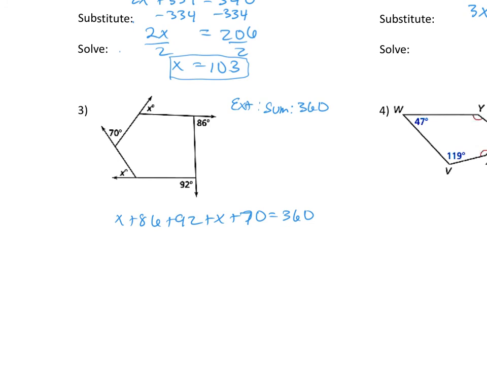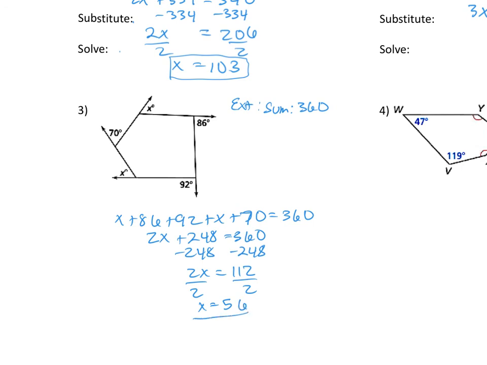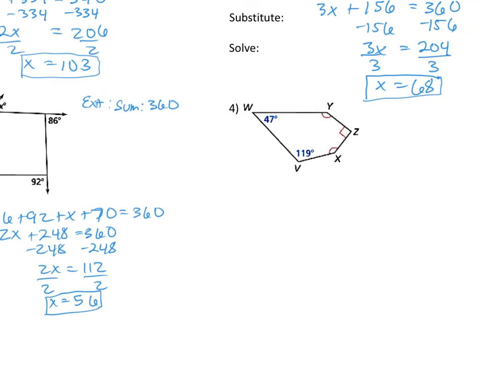Combine like terms. So 2x, and 86 plus 92 plus 70 is 248, must equal 360. Subtract 248 from both sides. That gives me 112. Divide by 2. x must equal 56.